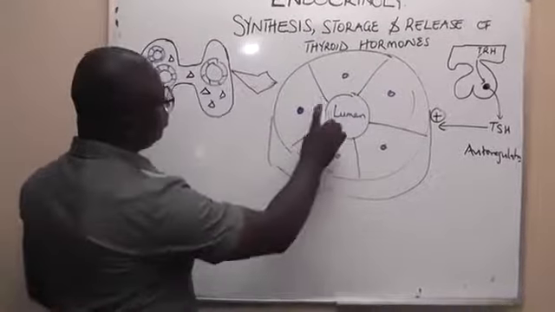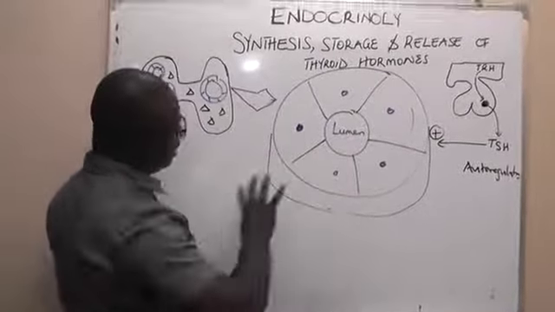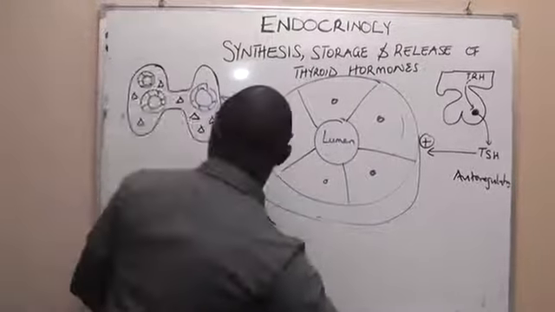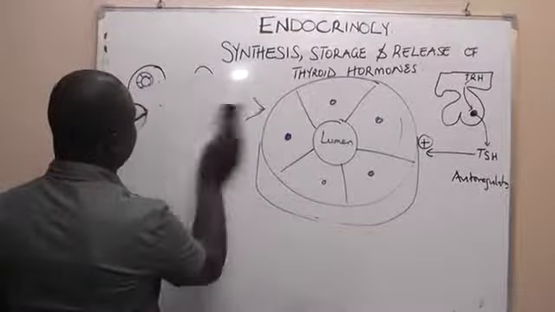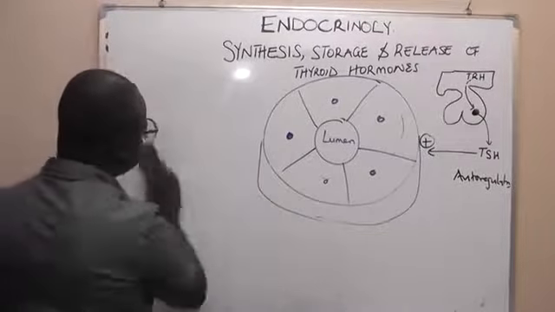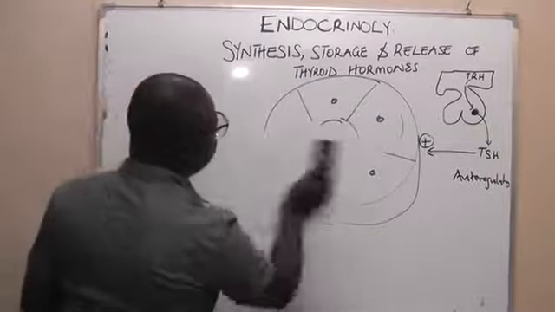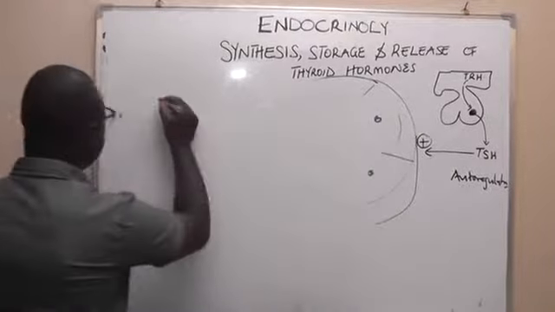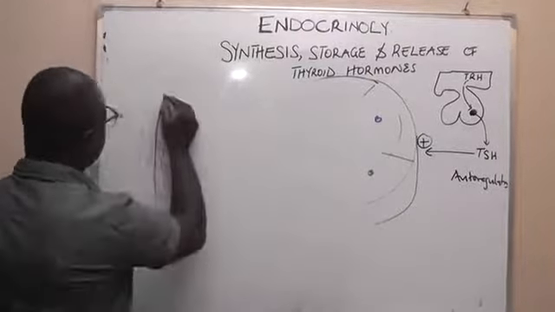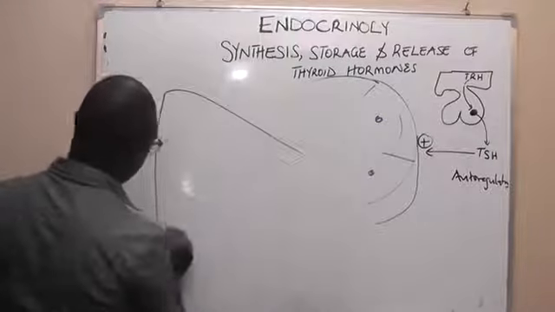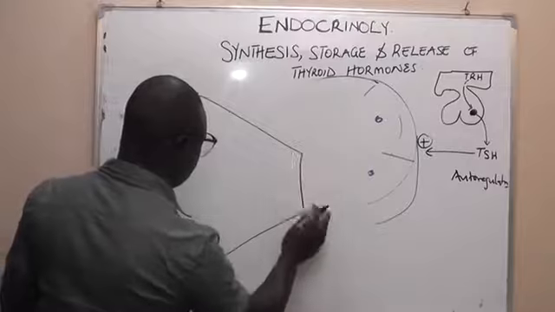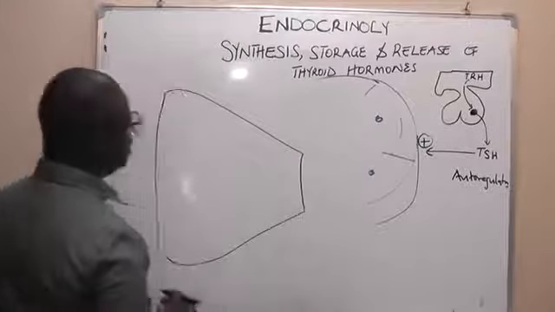Now let's look at these cells in depth. I'll just take one of these cells, and let's make it bigger. So we'll make this cell very, very big. So let's assume this is one of the cells.